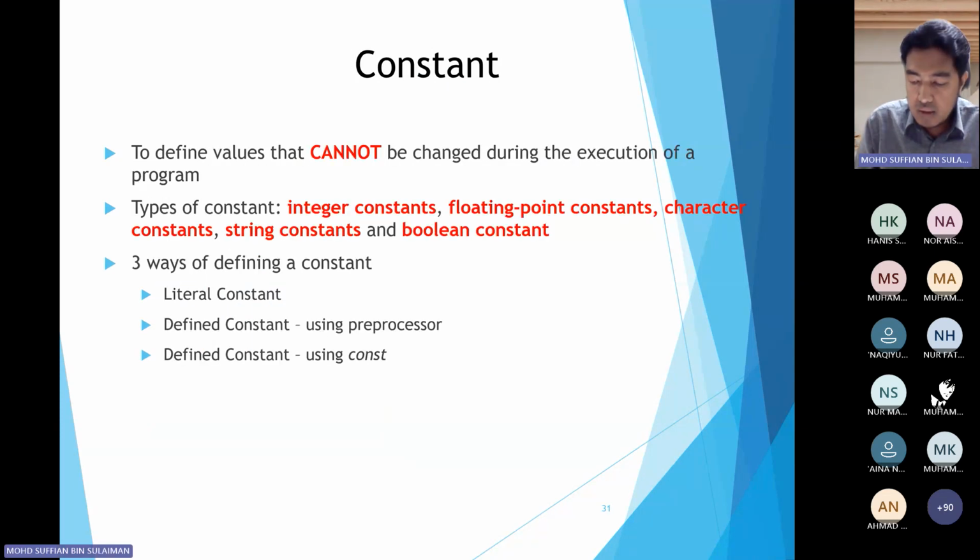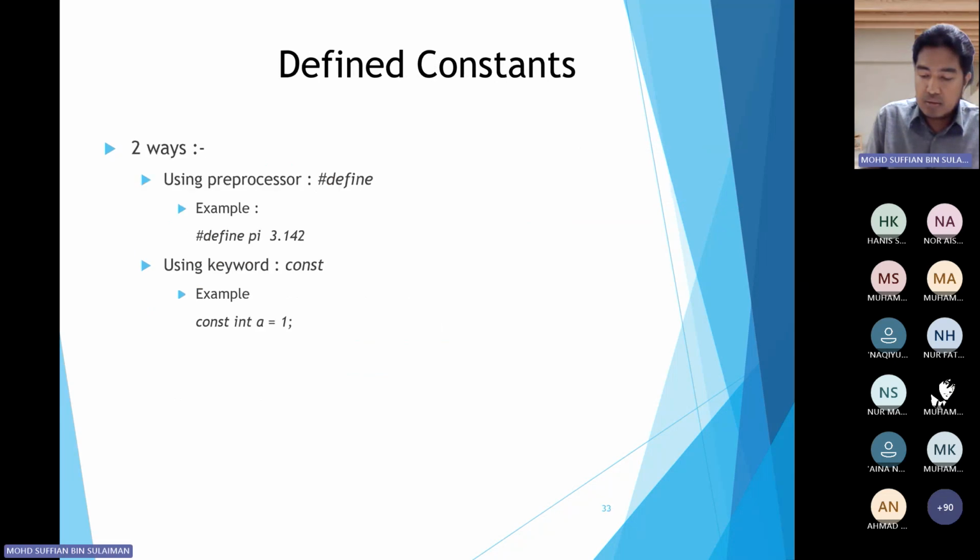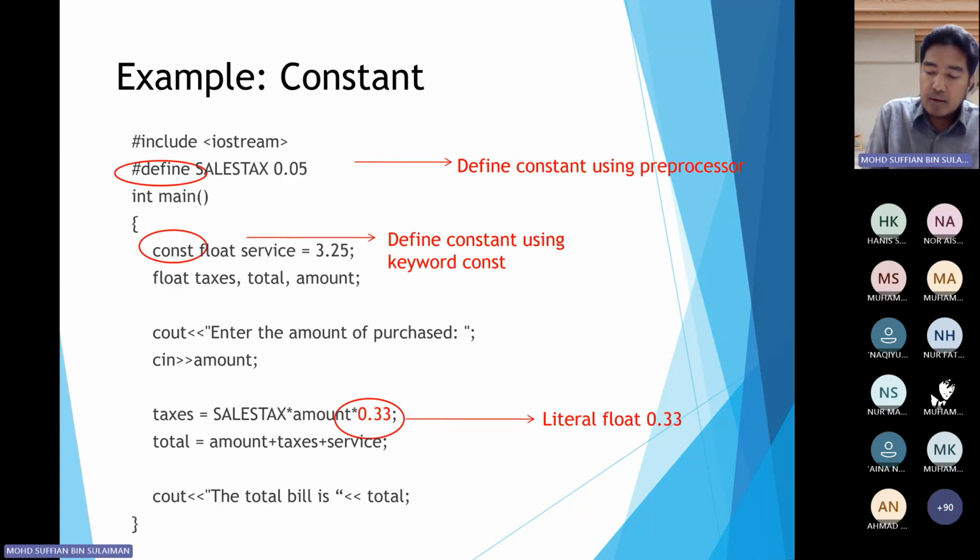And then constants. How to declare a constant? Three ways. The first one is literal, the second one is by using the preprocessor, and the third one is by using the keyword const. For example, literal: we just use the number 0.33.